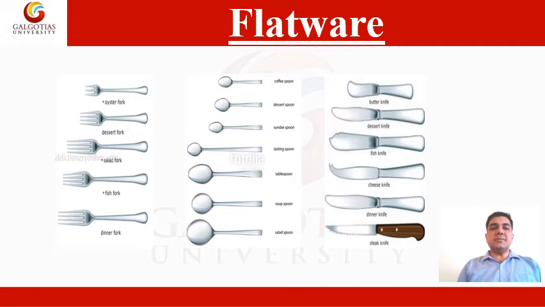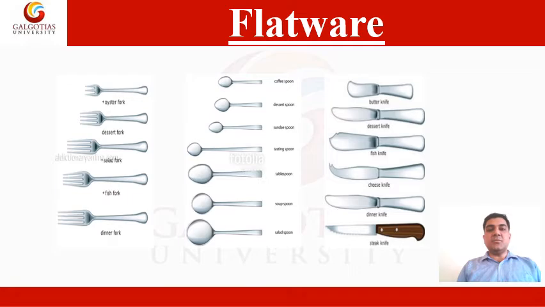Next, a new term is flatware. Now someone may ask, what is flatware? Guys, you need to understand the major categories are cutlery, crockery and glassware. But they can be further divided into many more categories as per their shapes, designs and uses.